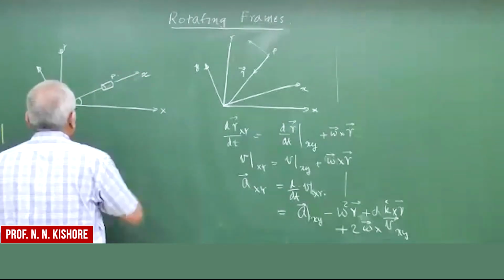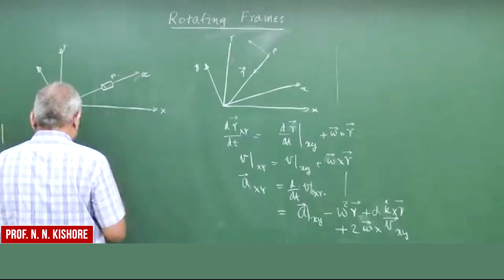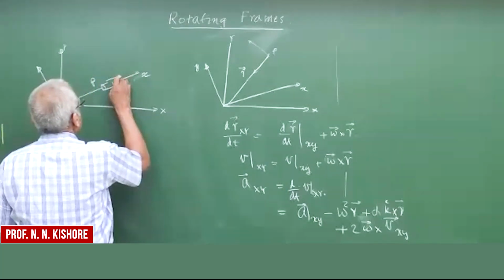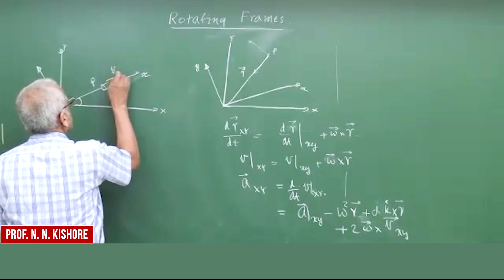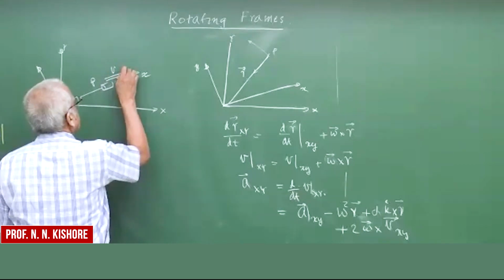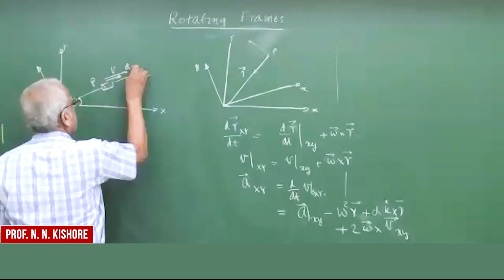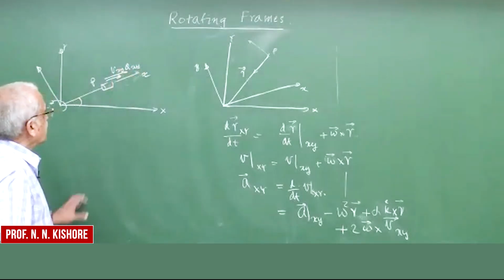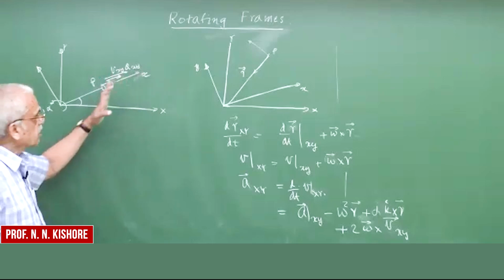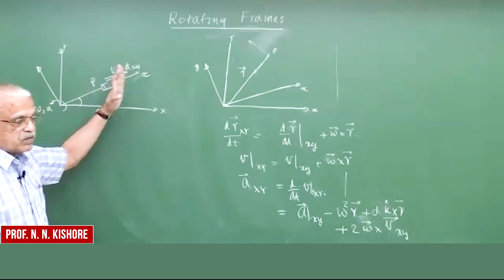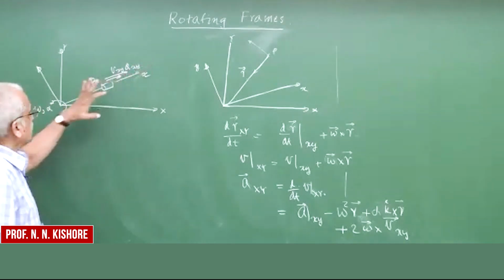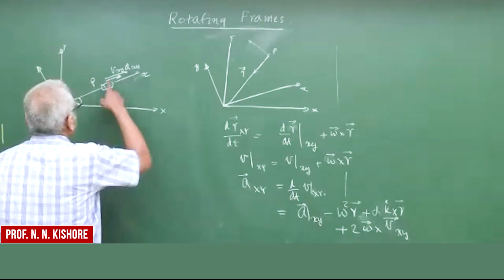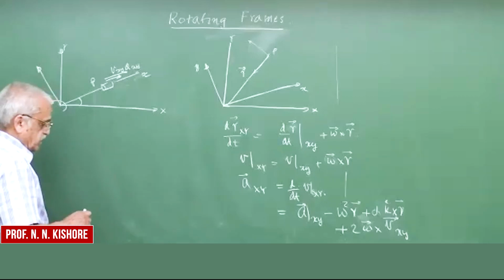So this has two terms, v and a, and we put the subscript small xy because these are observed. We assume that it is moving only along the x-axis while the frame itself is rotating. Okay, so this is the picture.